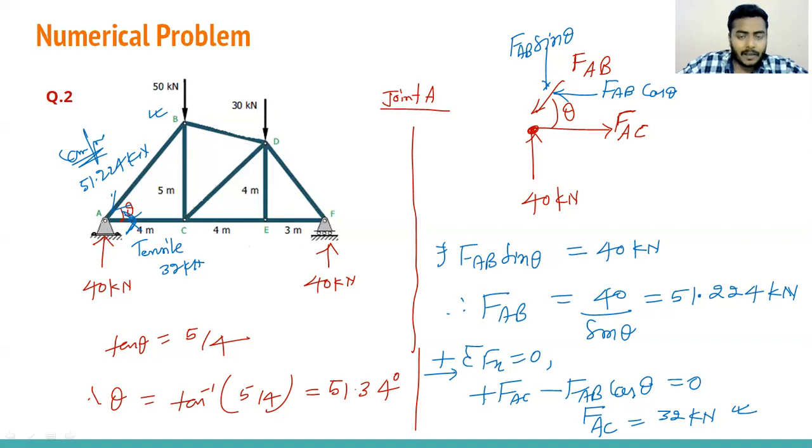But once we calculated the force in member AB, now we have two unknowns. So now we can go for the joint B, and then we can calculate forces in member BC and member BD. Once BC is done, then we can go for the joint C. So this we know, then we can calculate for this one and this one.